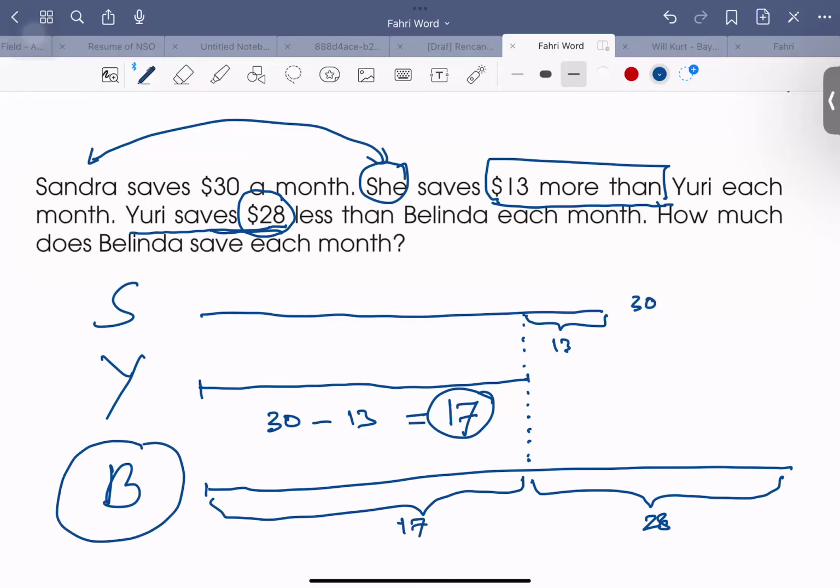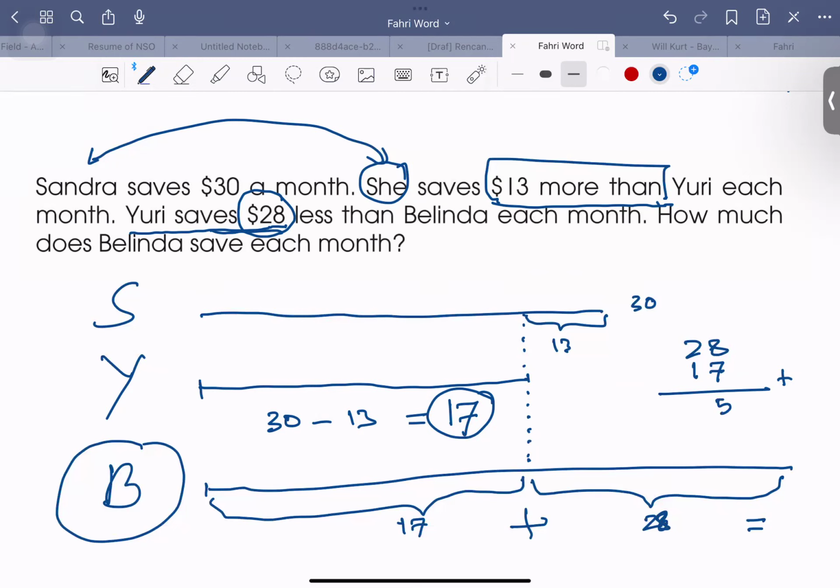Belinda saves 17 plus 28. Let's try it together. 28 plus 17. 8 plus 7? 15, right?